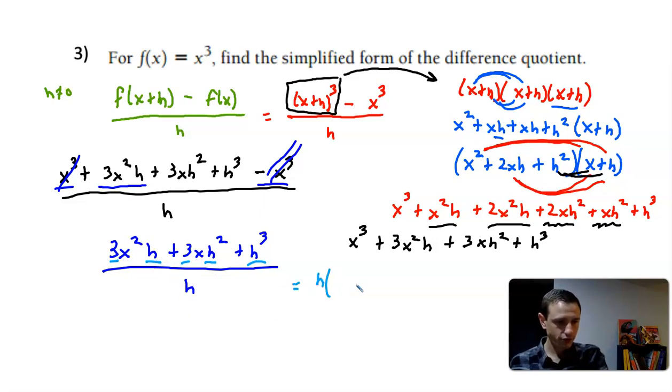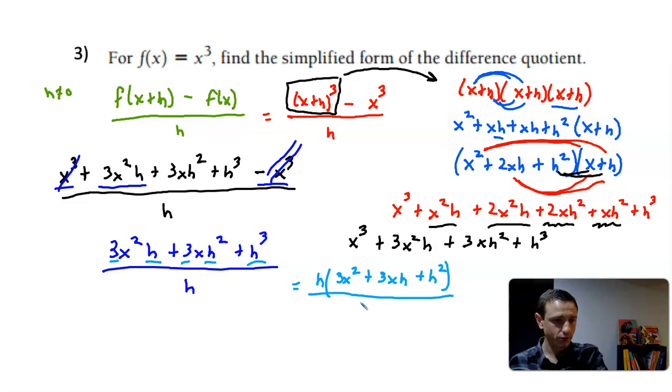I'm going to factor out an h, leaving me with 3x squared plus 3x h, because I took out an h from h squared, so I'm left with an h. And then I still have h squared in that term.